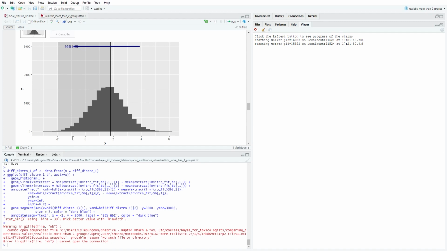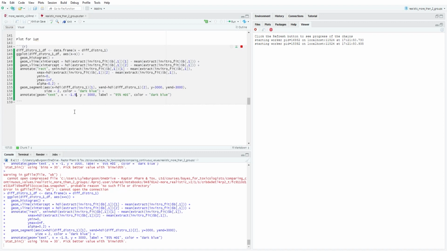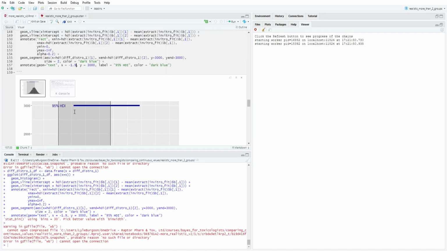Maybe this is probably -1 here. So if I moved it over to about -1.9, let's see what that looks like. That's not bad. I'm getting closer. Oh, that looks really good.